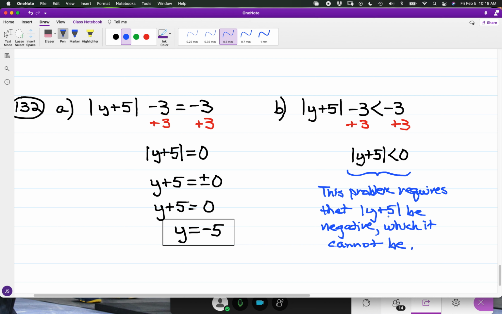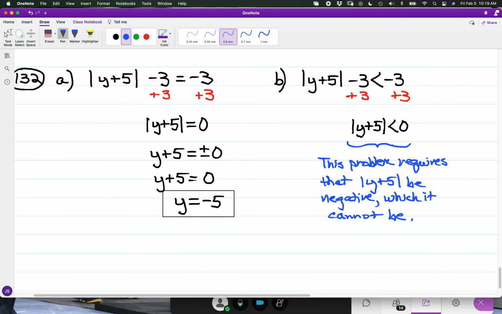The absolute value of negative 14 is positive 14. Absolute value of 14 is positive 14. Absolute value of negative 1 million is positive 1 million. And so the absolute value of an expression cannot be negative, and this is what is being asked for. Anything less than 0 is negative. So in consequence, for y, there is going to be no solution.